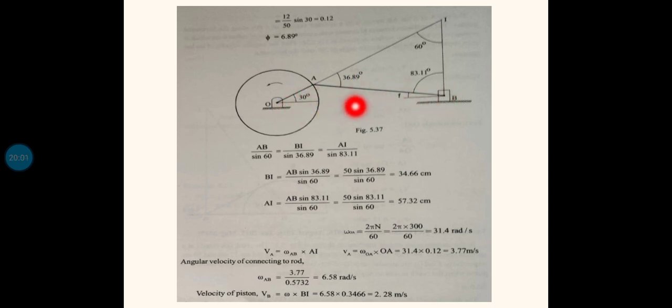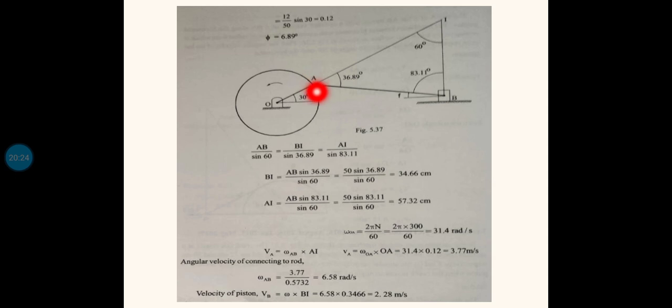In all the problems we considered earlier, we were considering only one link, so all the points have the same omega, but here different links are considered simultaneously, so the links have different omega. So omega AB will not be equal to omega OA. Remember that.